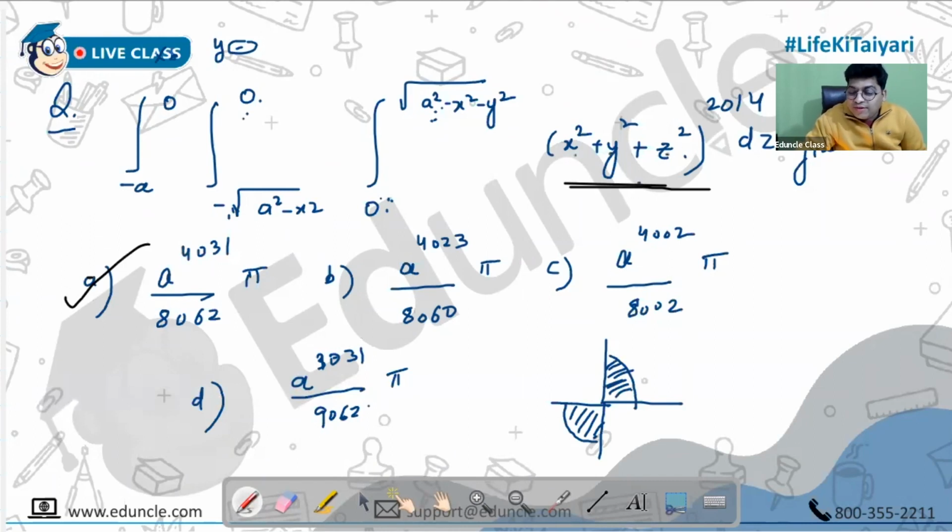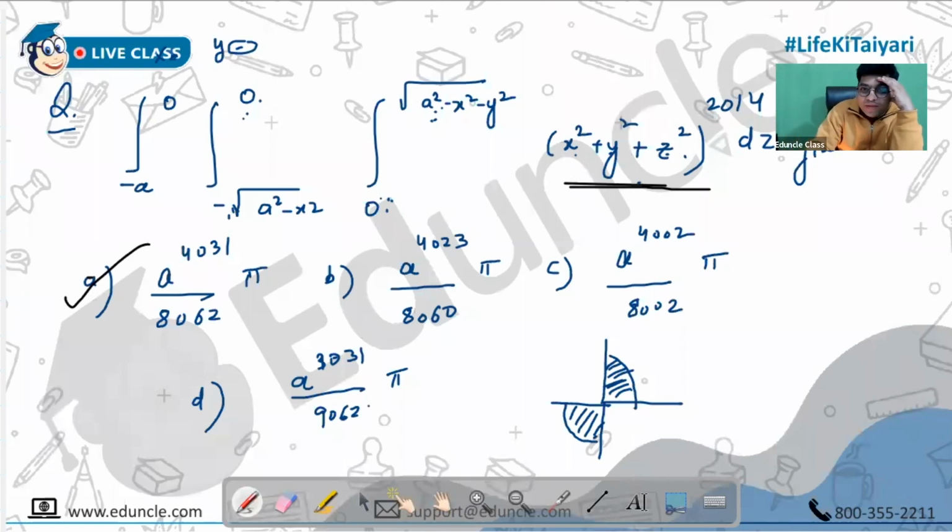Because this is also symmetric. The volume is same, whatever function you are solving, this function x square plus y square plus z square is also symmetric. You can take this function in any region, like in the fifth octant or first or second or third, and any one, the answer is still same.